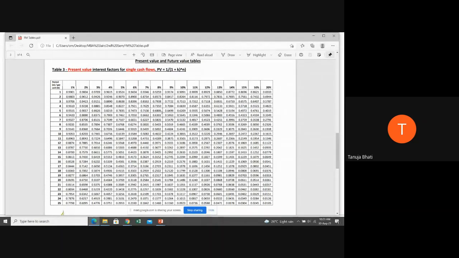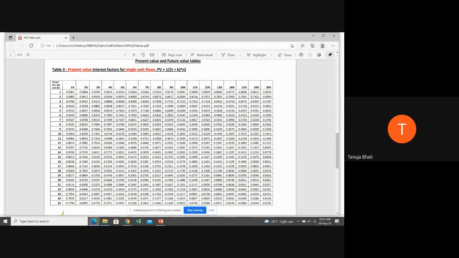So suppose for 5 years, this is 0.6806 and this is 0.6499, and suppose the PV factor you're getting is 0.67. Here it is 68 and it is 64. Now what you're getting is 67.